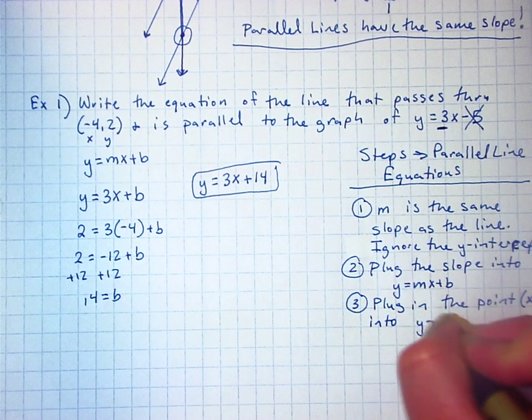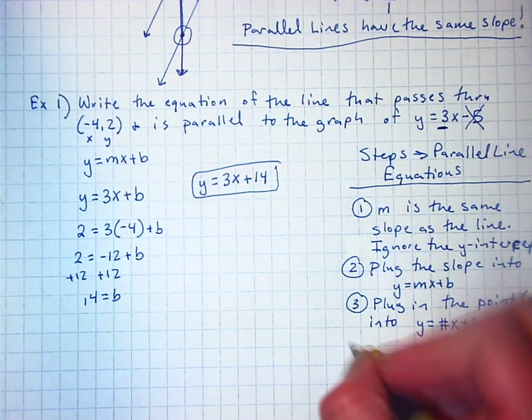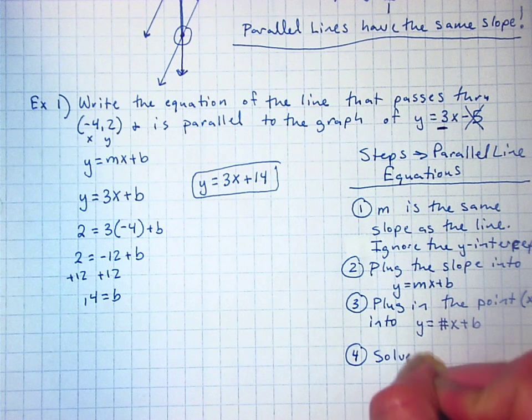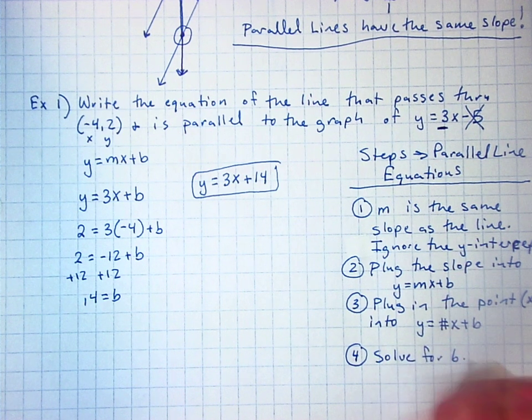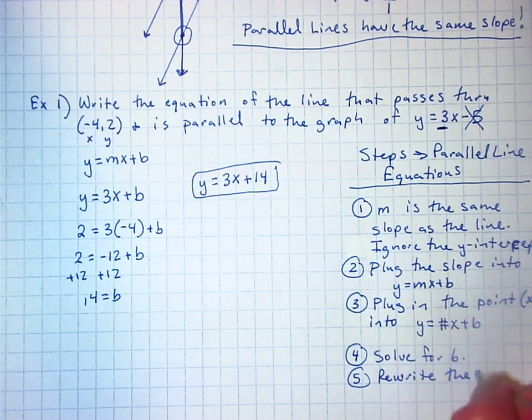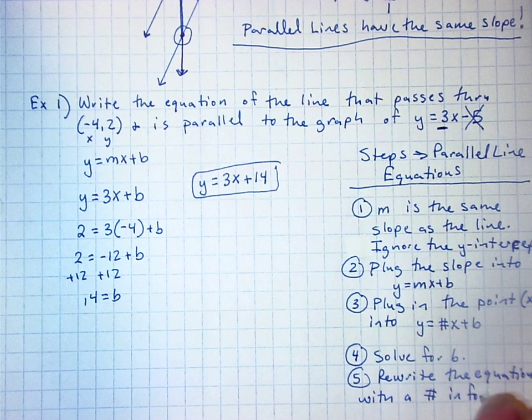At this point it should look like y equals a number x plus b. So you're going to plug it in for x and y. Step 4, solve for b. And step 5, rewrite the equation with a number in for m and b.